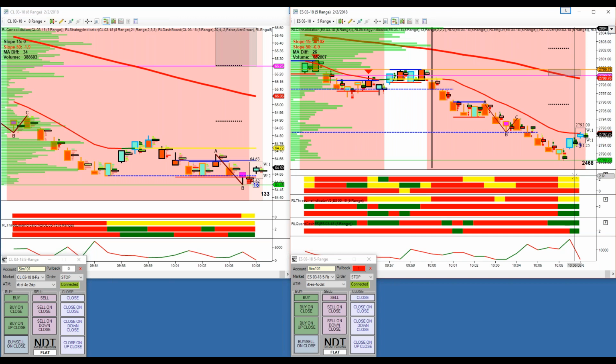Now we need a pretty big retracement. I mean, this is a gigantic E-mini collapse.